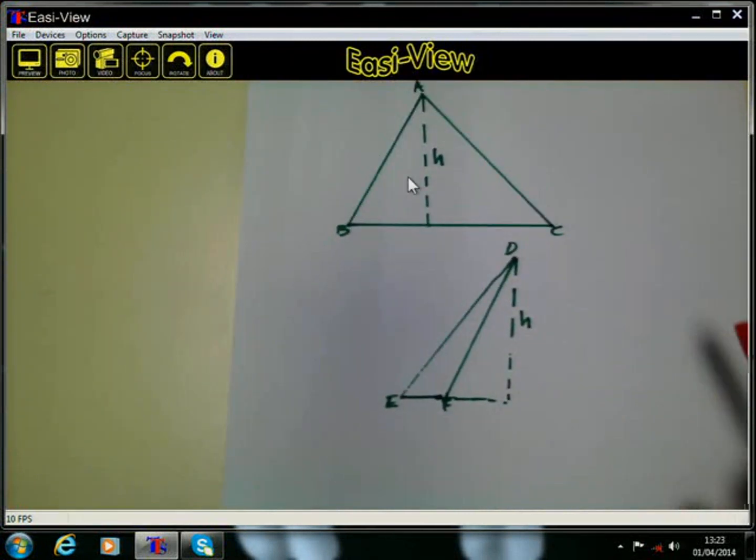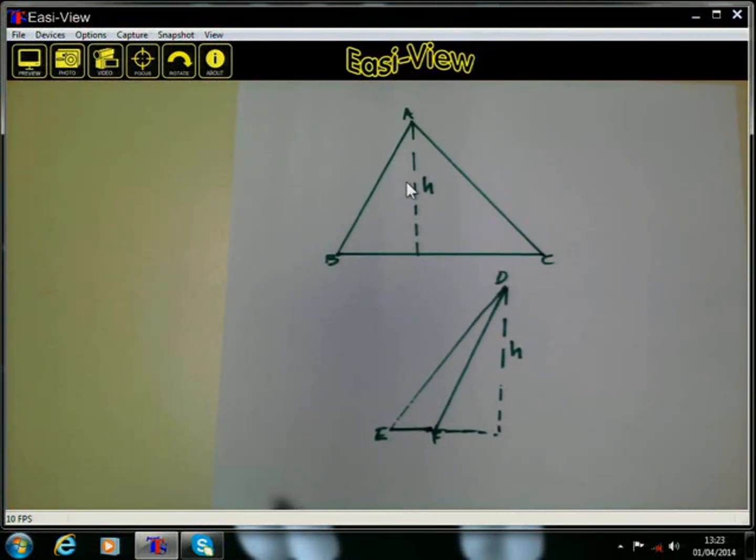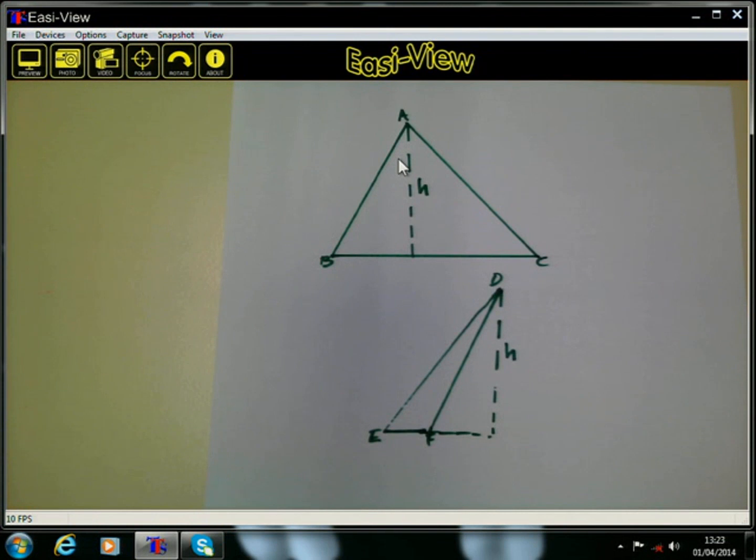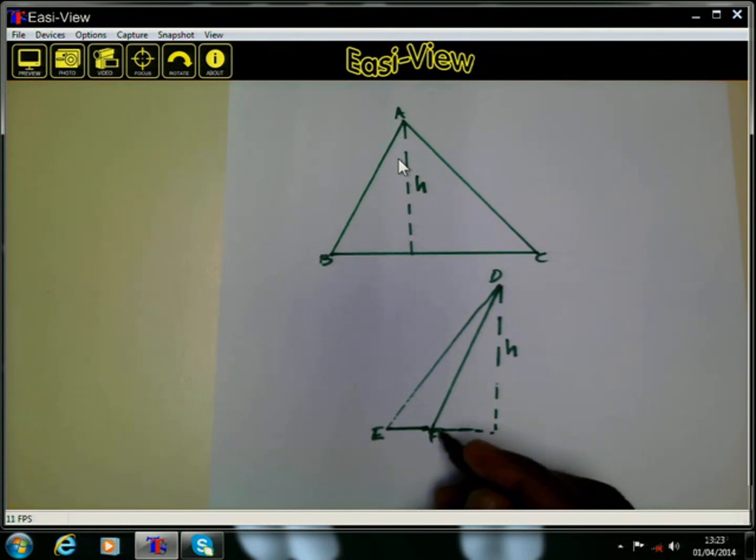But before we can prove that theorem, I want us to come back to this. Let us quickly look at these two triangles, triangle ABC and triangle DEF.